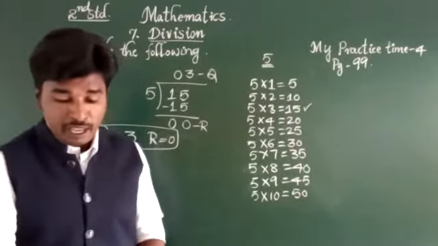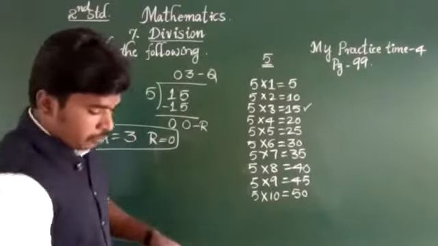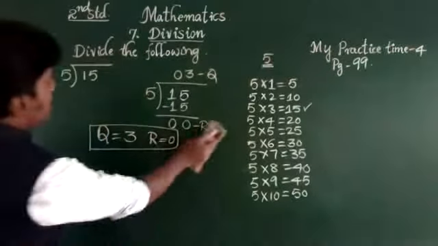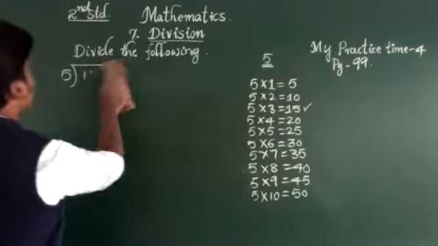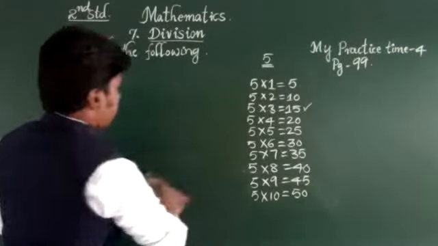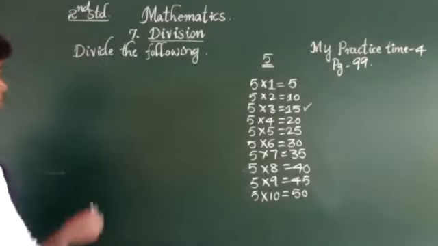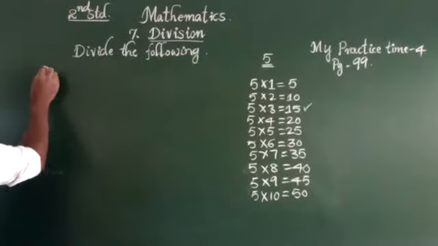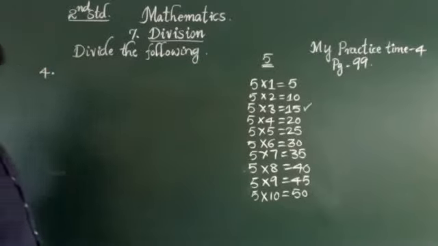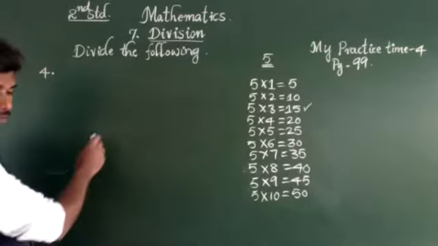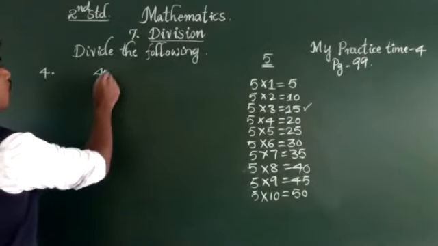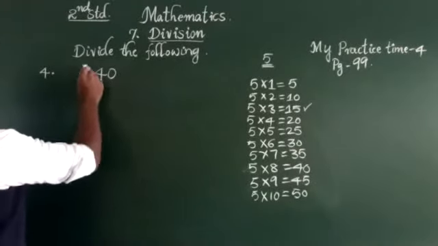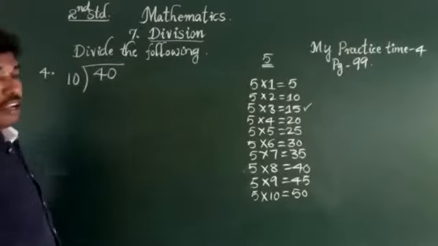Now I am going to take the last one and then proceed to the next main. The fourth question is: 40 is the dividend and 10 is the divisor.